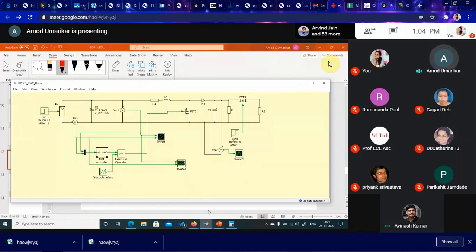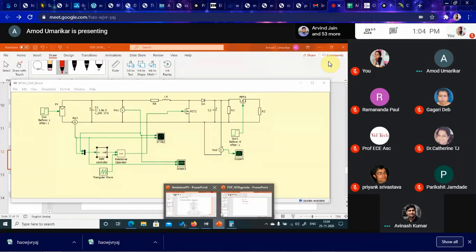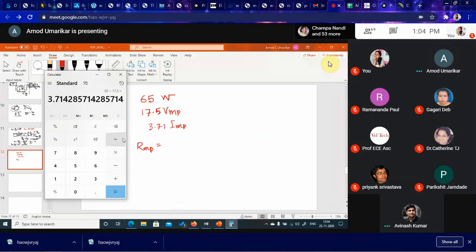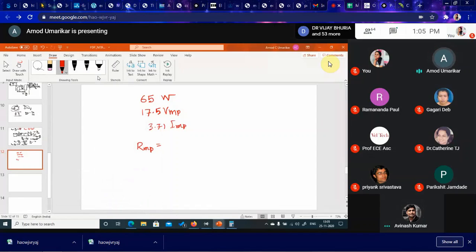Okay, so what will be our resistance for this? What is the RMP? So RMP is, we know 17.5 approximately, we are dividing by 3.71, which is around 4.71.